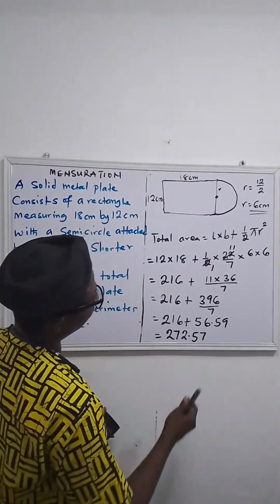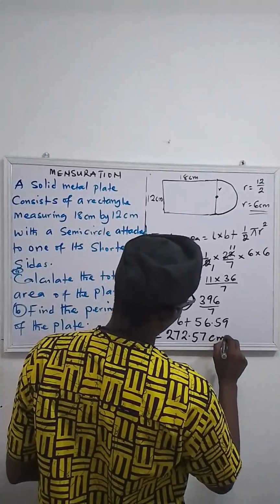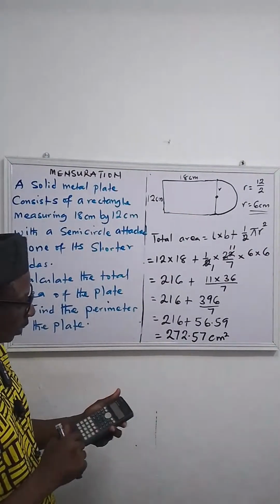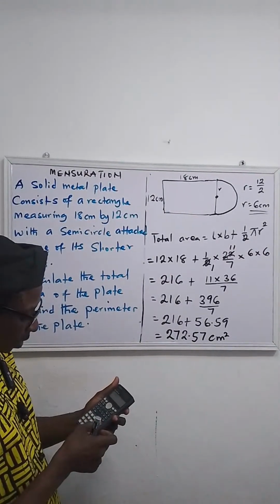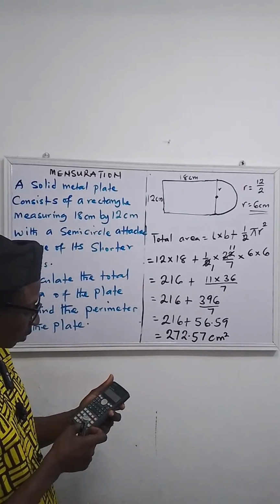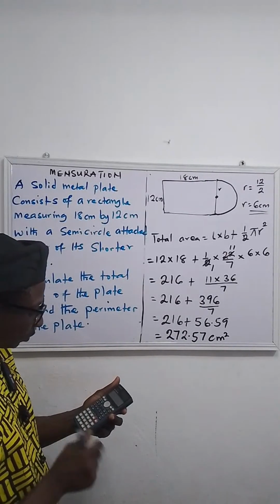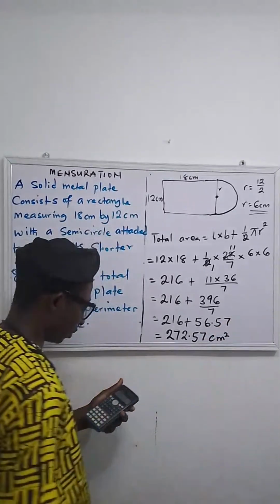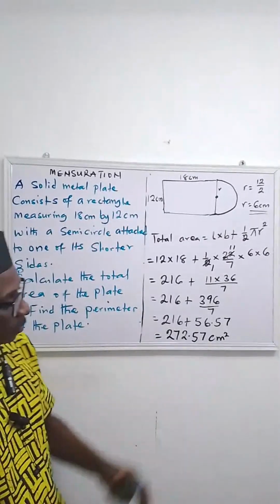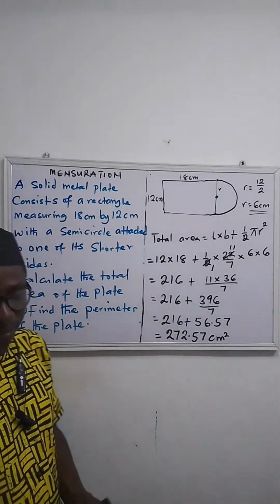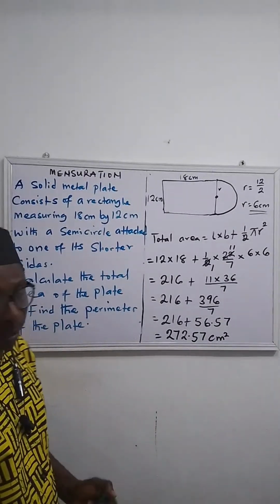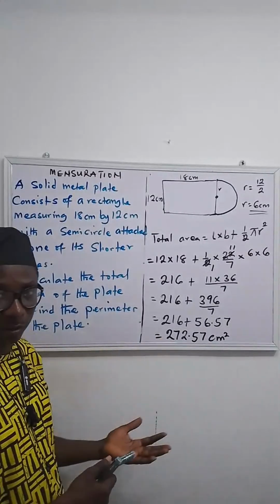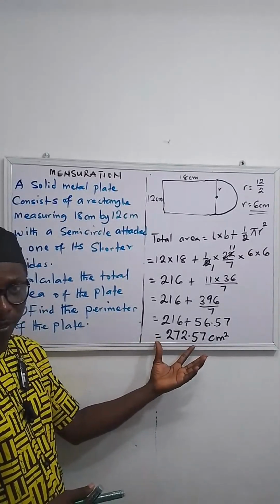Okay, so now in centimeter square, so that's going to be the area. I want to be sure that is correct. Now this one should be 57. All right, so that is what we have. So now we correct our answer to 4SF. Yes, we have to correct it to 4SF because if you are making use of 4-figure table, your answer is going to be in 4SF.